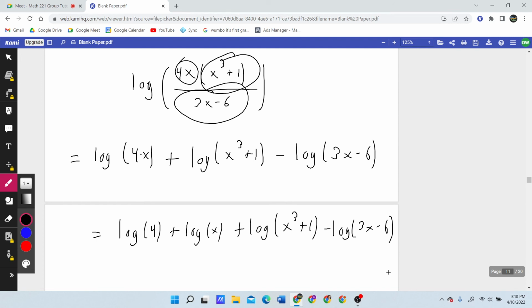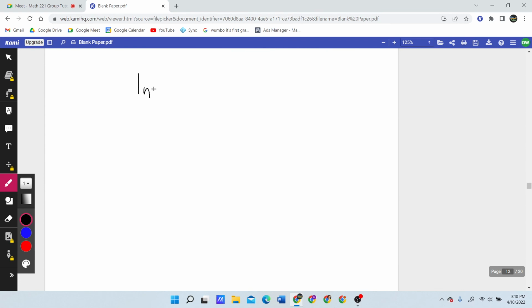So the last thing I want to say is, how would you solve an equation with log in it? Let's say I have the natural log of 5x plus 4 equals 1. How would I solve for x here? So whenever I have a natural log, just like anything else in math, like if, for instance, I had 2x equals 4, the way I solve equations in math is I have to do the opposite operation to get x alone.